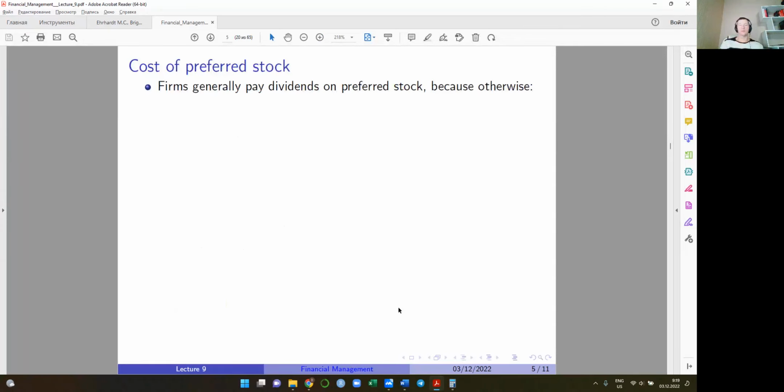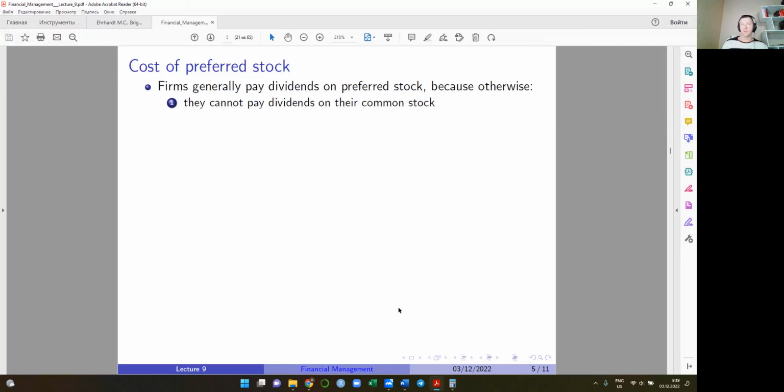I hope you remember that on the common stock, it is about the decision of the board of directors whether to pay dividends or not. A firm might decide to pay, might decide not to pay, but for the preferred stock, usually firms do pay dividends, and that's why.